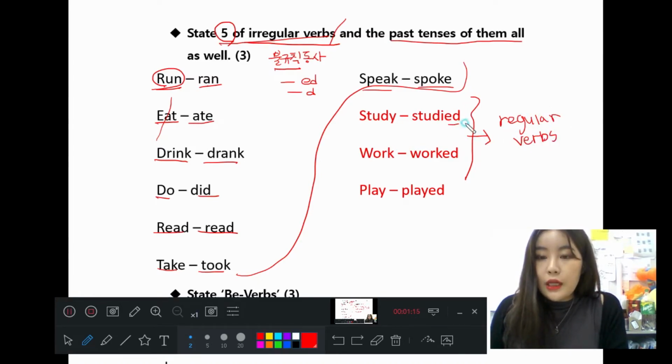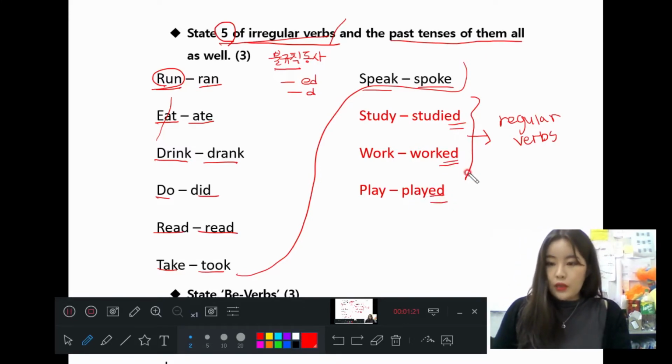As you see, those of them end with ed here. Okay, those are the 규칙 동사, which are called regular verbs in English. But in order to get full 3 points, you may have to write those irregular verbs correctly. Alright?